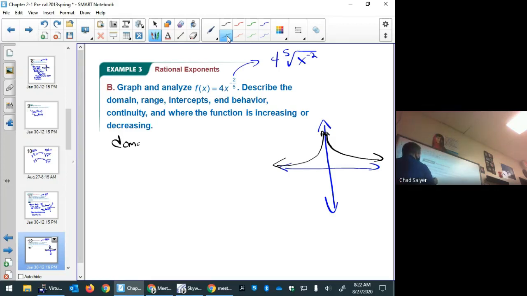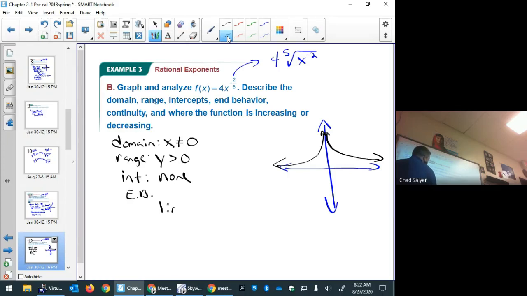Domain: x can't be 0. Range: y greater than 0. Intercepts: none. End behavior: in both cases, toward infinity and negative infinity, f of x is once again approaching 0.